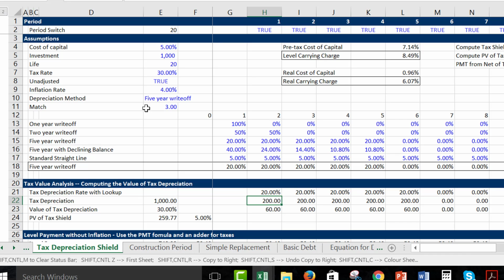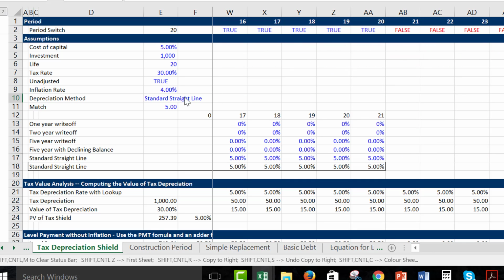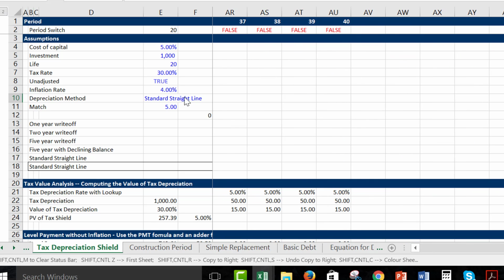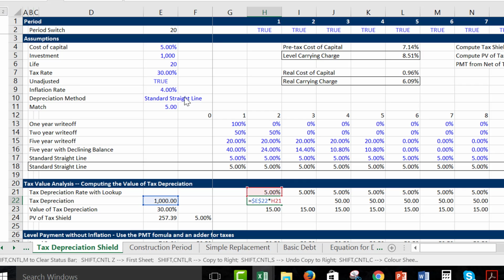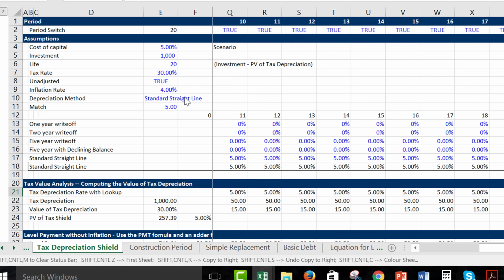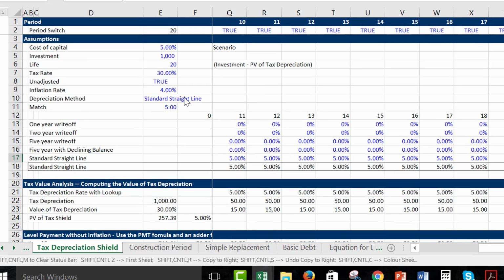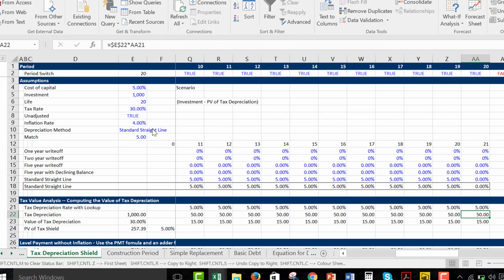And even in the 20-year case, the standard straight line case, uh-oh, it should have gone to zero. And the reason it didn't go to zero is I was stupid and I didn't put a zero out there.